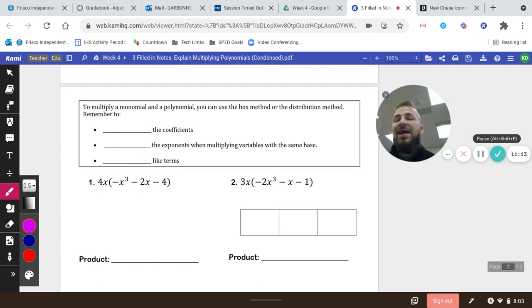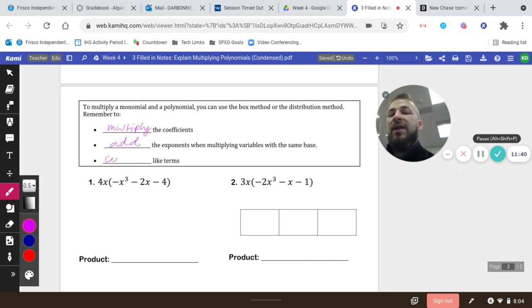We have 4x times negative x cubed, negative 2x, and negative 4. So same thing as we did before. We're going to do our double distribution method, but really it's just a single distribution because we only have 4x to multiply in. So just like we did, we want to multiply the coefficients. We want to add the exponents.